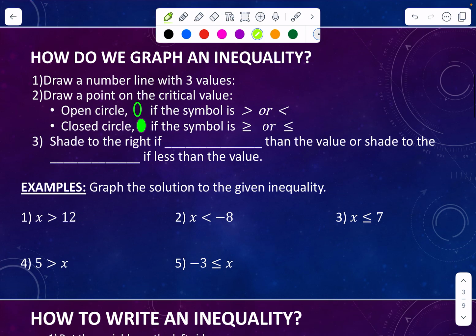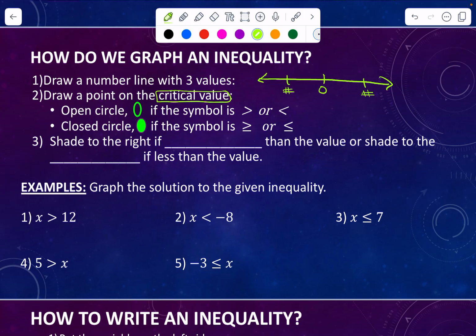We graph an inequality by first drawing a number line with 3 values. Your 3 values are always going to be 0 in the middle, and a positive and negative of the same number, the opposites. That is what we call the critical value. Then you draw a point on that critical value.